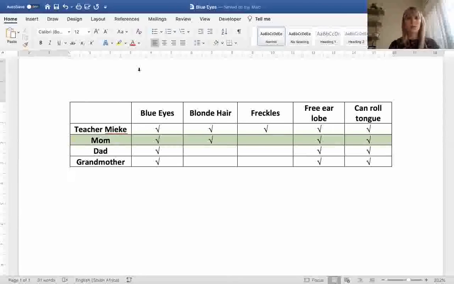In the table, I took the traits blue eyes, blonde hair, freckles, free earlobe, and can or cannot roll tongue. I compared my own traits, teacher Mecca, with my mom, my dad, and my grandmother. As you can see, I have 4 out of the 5 traits that are the same as my mom's. So it's clear that I look most like my mom.